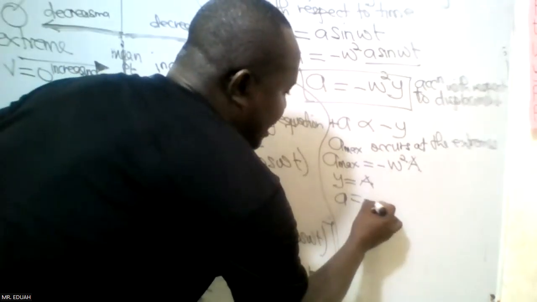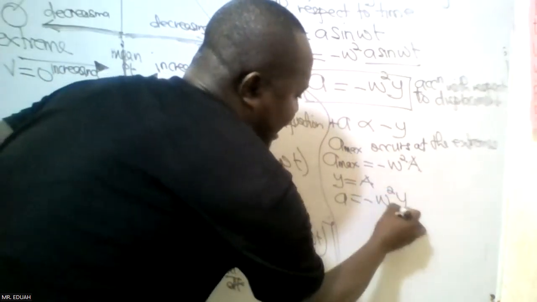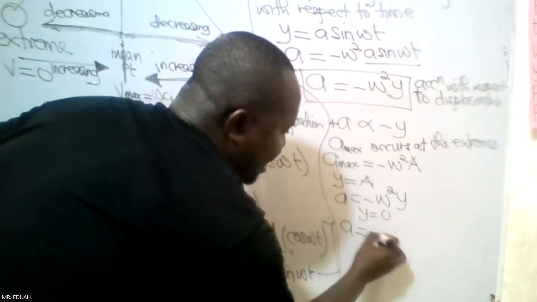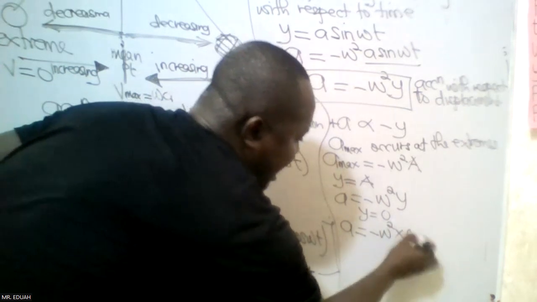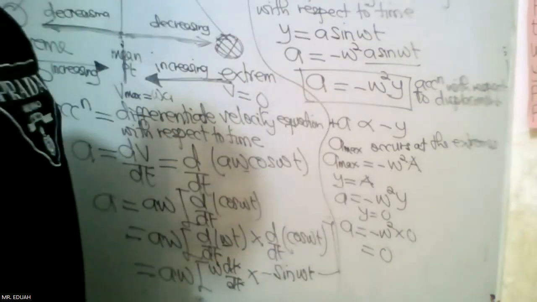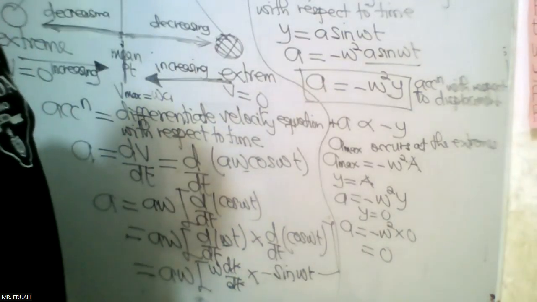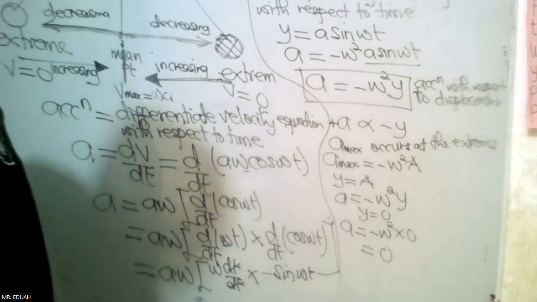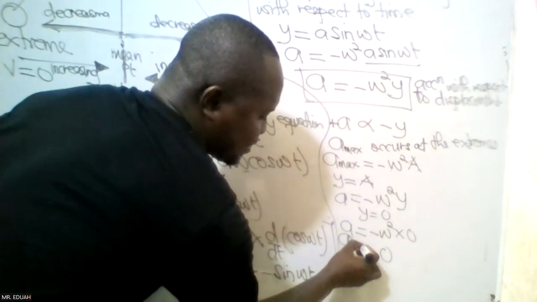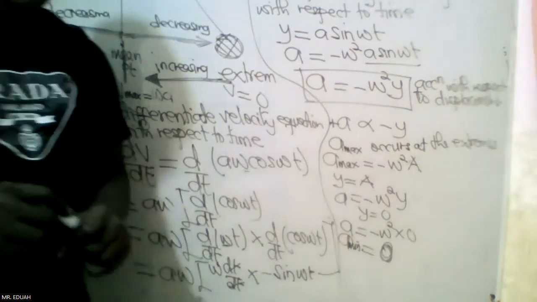A is equal to minus omega squared y. So if we have y equal to 0, then A will be equal to minus omega squared times 0. And this is equal to 0. So minimum acceleration occurs at the midpoint, and the value of the minimum acceleration is equal to 0. No ambiguity.